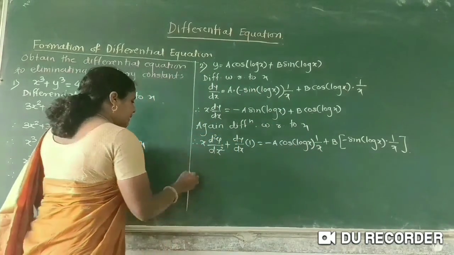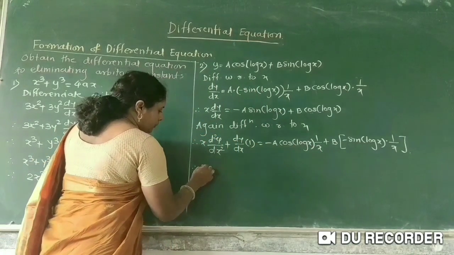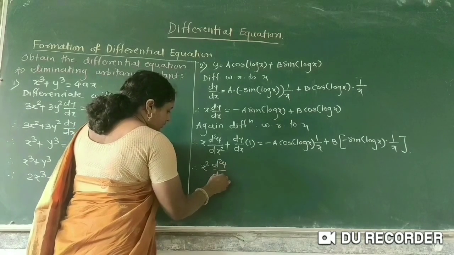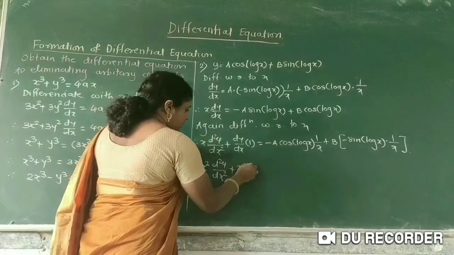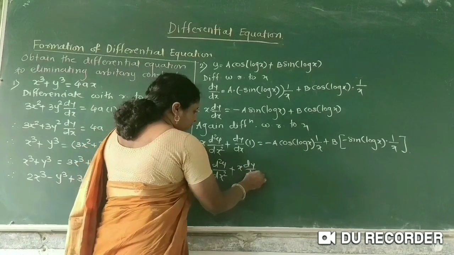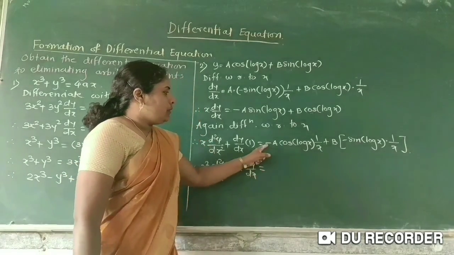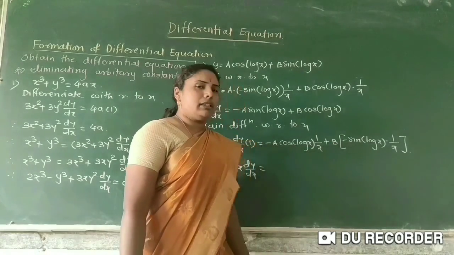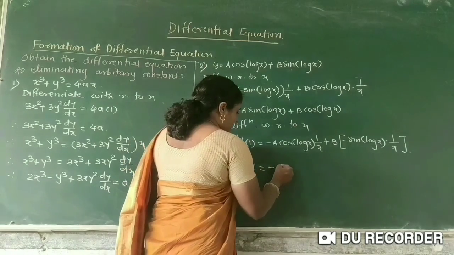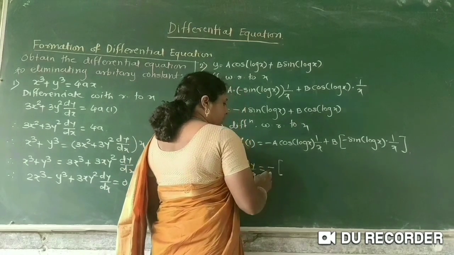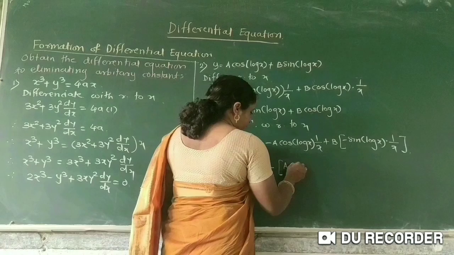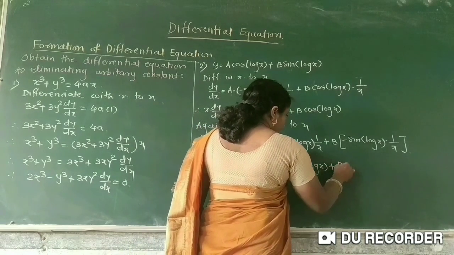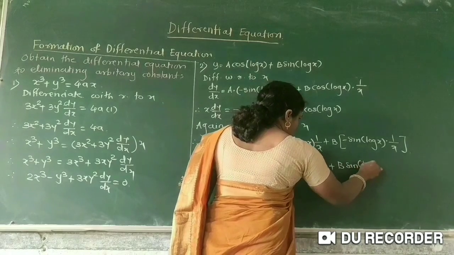Take the left hand side and simplify it, we get x into x d2y by dx square plus x into dy by dx is equal to, here minus a cos log x, here again minus b sin log x. That can be taken as a minus outside in bracket, a cos log x plus b sin log x.